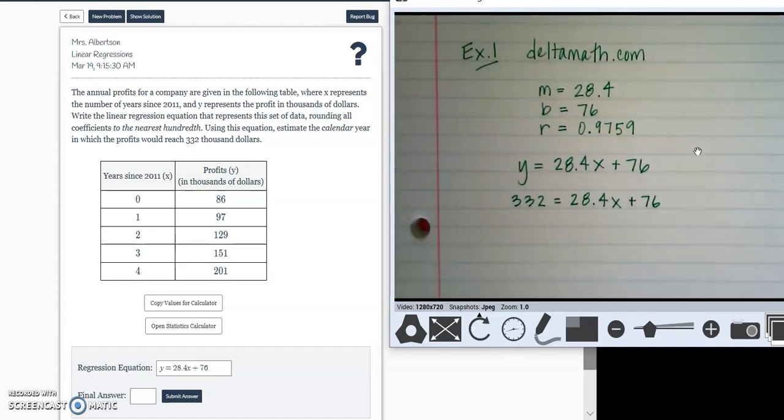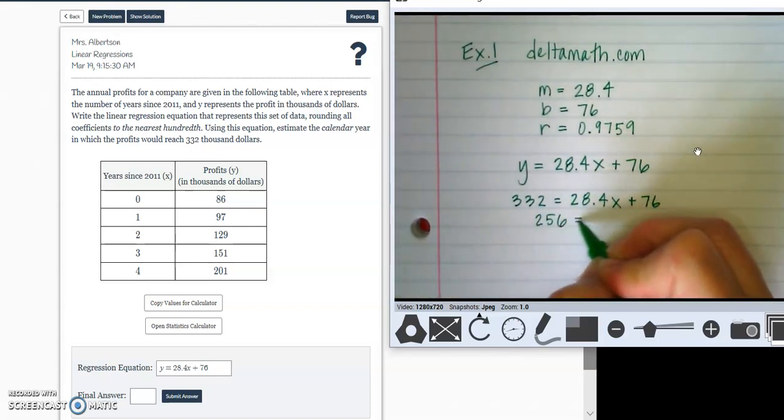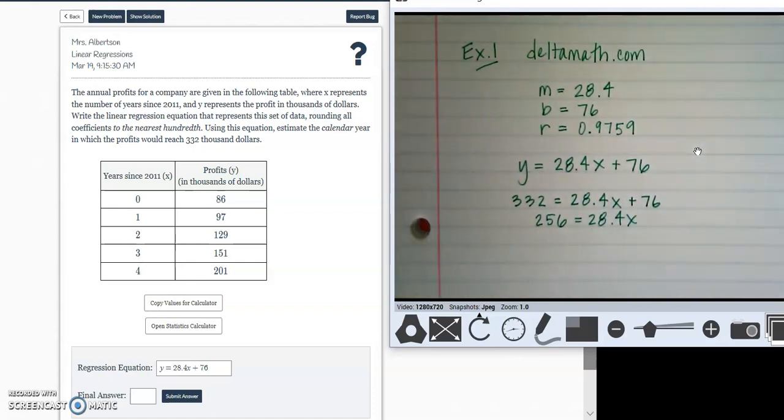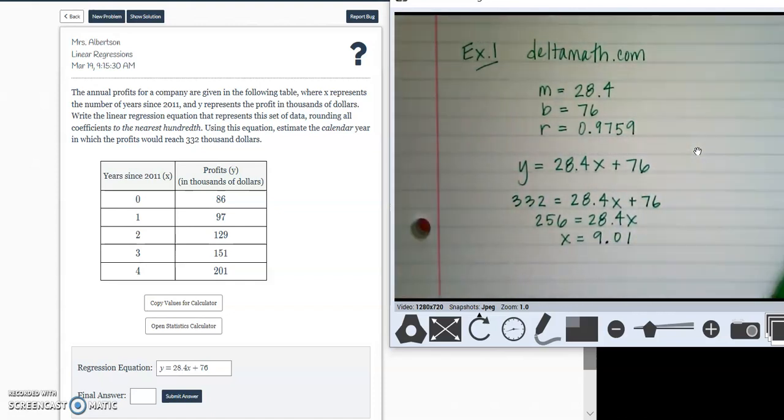So we have 332, we need to subtract 76, which gives us 256, and then we need to divide by 28.4, and we get that x is 9.01, whatever. So we are estimating. This to me says that this is in the 9th year.